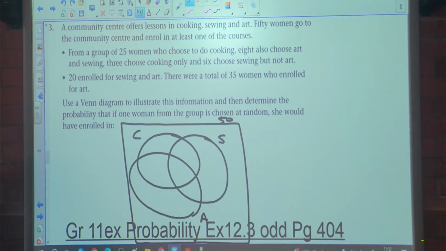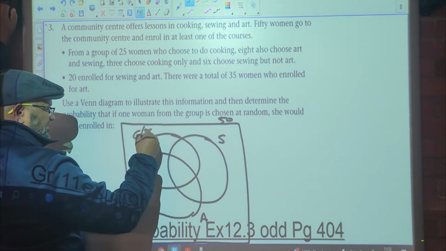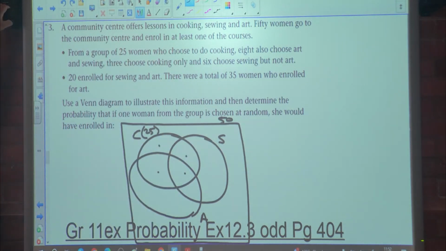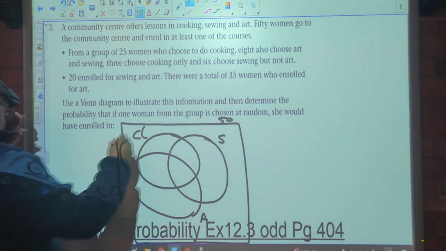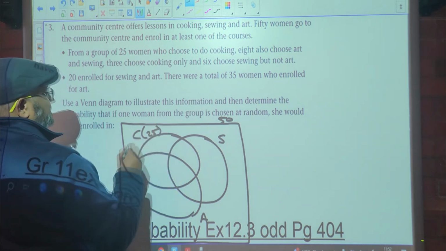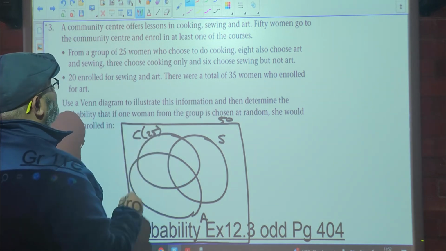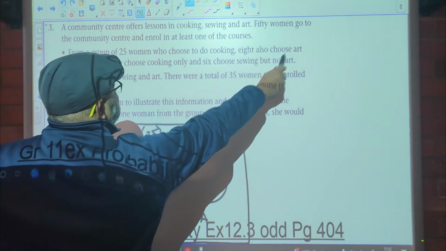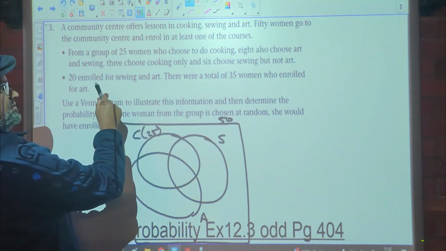From the group of 25 women who choose to do cooking, which means to say that plus that plus that plus that is 25. You see that? Okay. Then we are told from the 25 women who choose to do cooking, 8 also choose art and sewing.